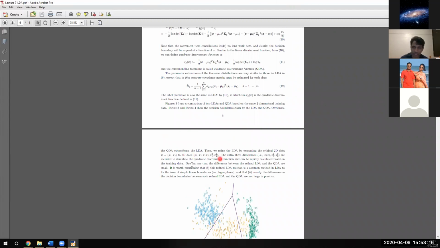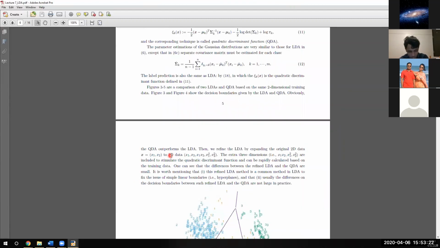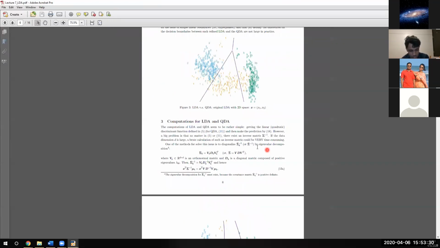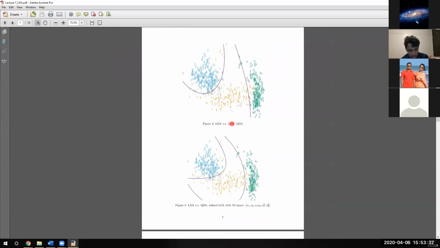See it? What we did is that we coded the 2D data to be 5D data, in which x3 equals x1 times x2, x4 equals x1 squared, x5 equals x2 squared. And we compared the coded LDA versus the QDA. Remember this example?